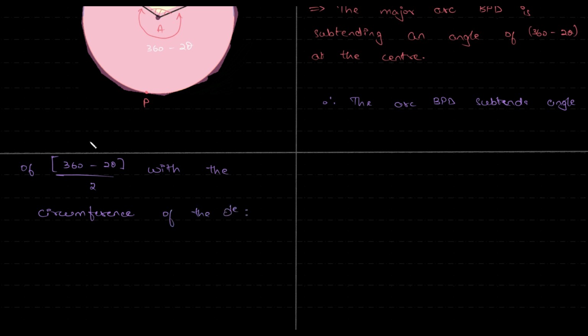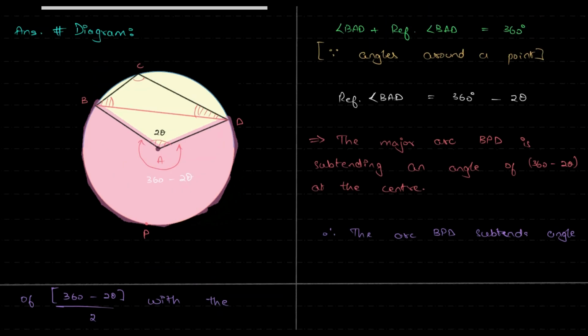So indirectly we stated the theorem. Understood? Therefore, angle BCD is equal to 180 degrees minus theta. So what did we end up with? We ended up with this angle being equal to 180 degrees minus theta.